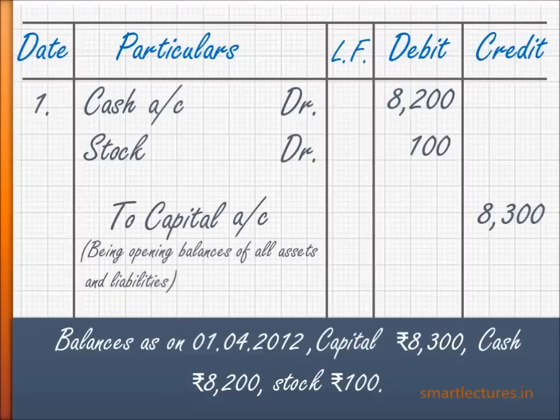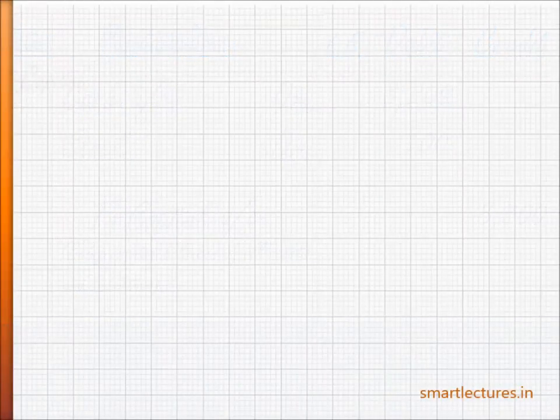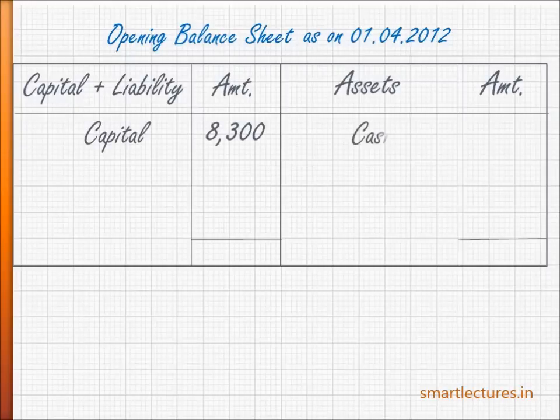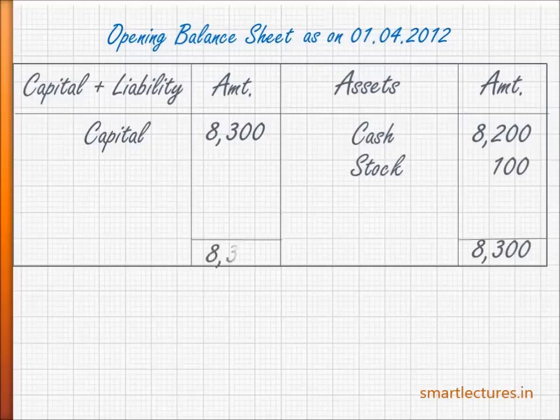But I strongly suggest you, before you start the question, make an opening balance sheet, as on 1st April 2012. Write down capital 8,300, on the asset side cash 8,200, stock 100, and the total on both sides 8,300. And you should pass the opening journal entry on the basis of the balance sheet.